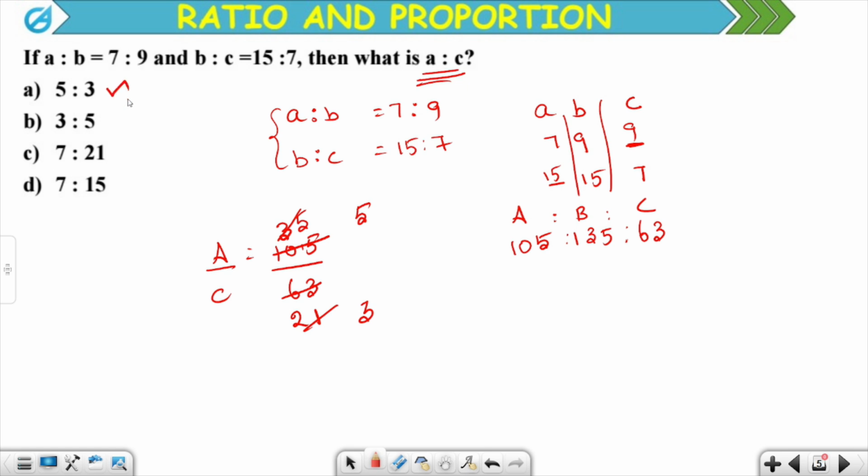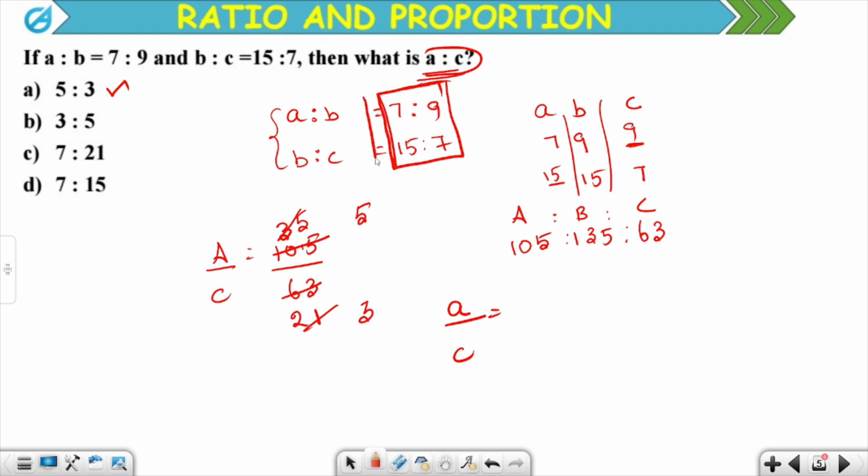Instead of doing like this, what we can do is this: it is applicable only for finding the first and last ratio. See, this is how we have written it. How to find the value of A and the value of C?